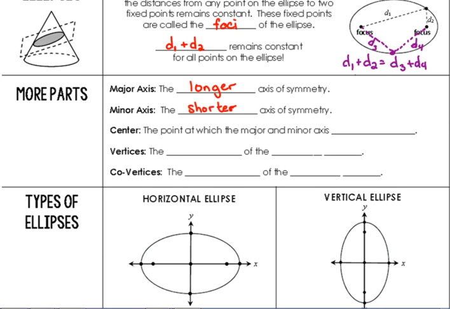The center is the point at which the major and minor axes intersect. The vertices are the endpoints of the major axis. The co-vertices are the endpoints of the minor axis.